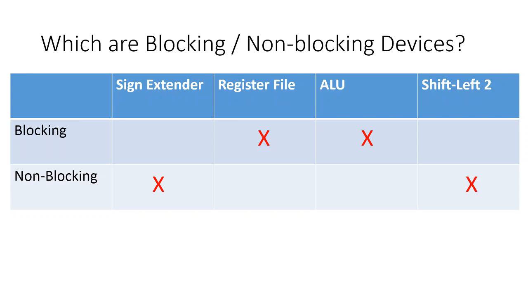So you can think of this as memory required or clock cycle required, versus non-clock cycle required. This makes sense to me because a shift left 2, as we showed in chapter 4, is just reassigning the wires. It's just wires, and so there's no data store. The same with the sign extender.